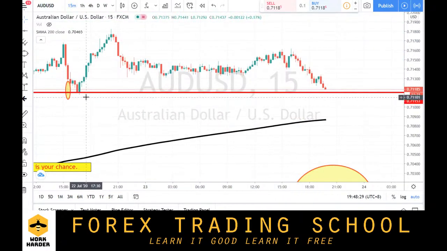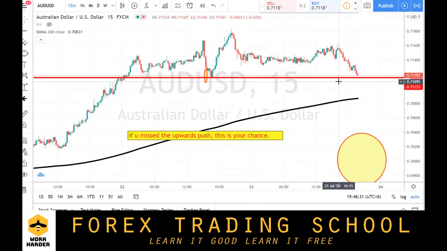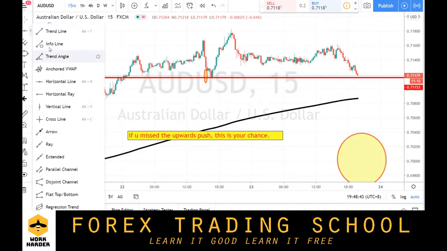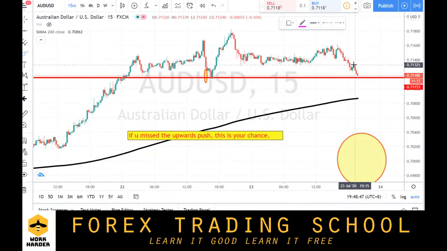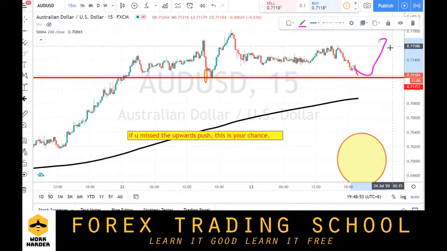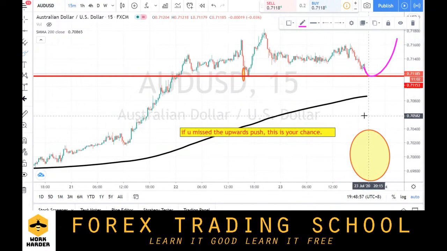For the moment, this was where we are going to enter again. If you don't enter, it's up to you, but to me, I think there is a very good chance of entering here, and then the bounce off upwards. Okay, that's what I think.